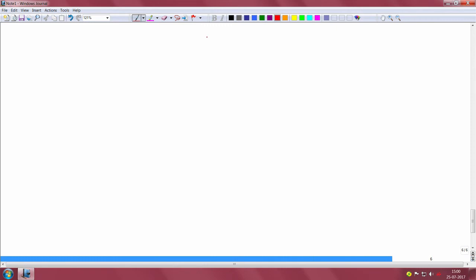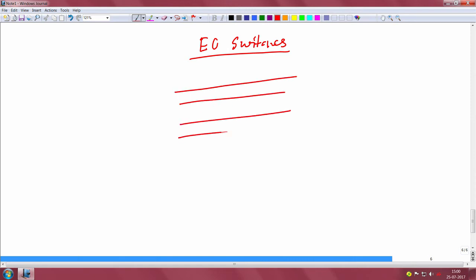One more application we can think of with electro-optic is the electro-optic switches. When we discussed directional couplers, we considered two parallel waveguides and said that if you launch light into one of the waveguides, it is possible to design the directional coupler such that the signal comes out of the opposite port.